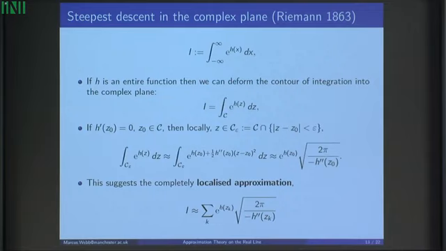So if you have z0 where h prime is 0, h of z can be approximated locally by this quadratic expression. This term pulls out of the integral to come here, and then this is a scaled Gaussian. And this suggests a completely localized approximation to the integral. That's the key thing, is that you can, in some cases, turn an integral over the whole real line into a completely localized expression, particularly for oscillatory integrals.